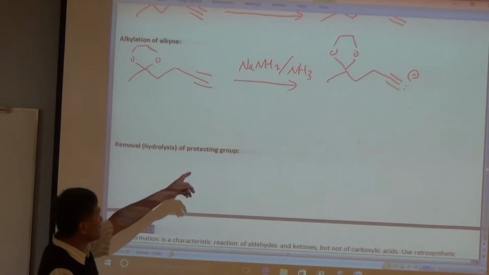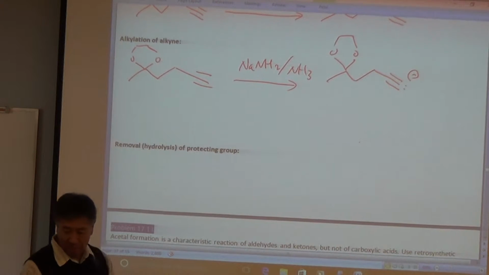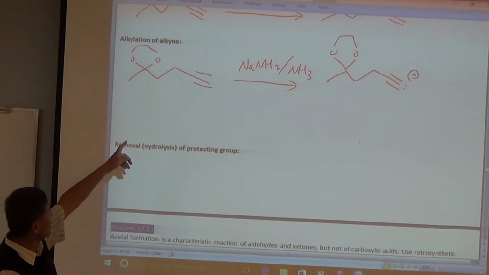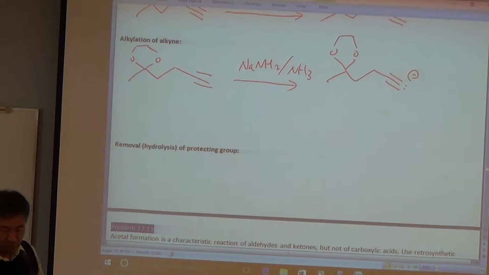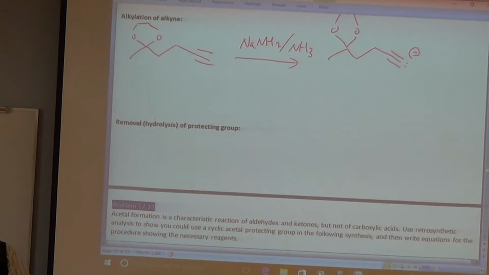If you use excess of that amine, you probably can still pull some of those protons away from those alpha carbons. We have to look at those pKa values, how much you can pull away. But for right now, if you just use one equivalent, this NaNH2 is a strong base, and it will react with the strong acid.